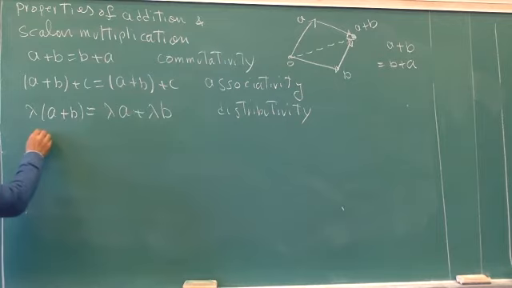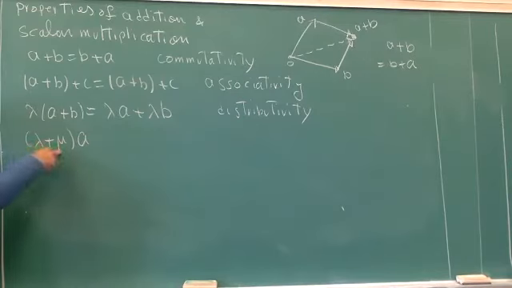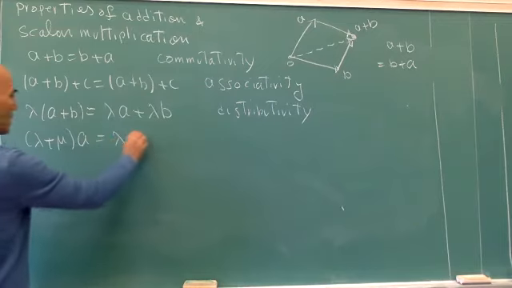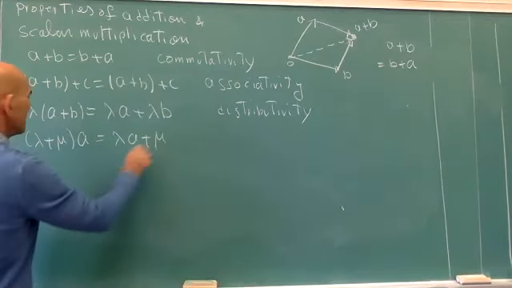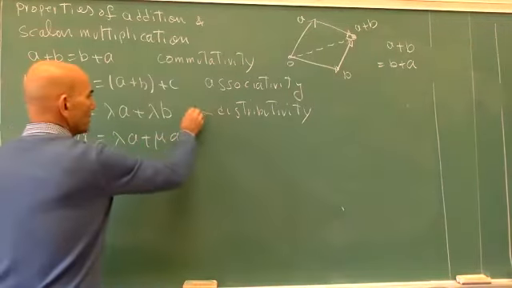And also (lambda plus mu) times A. Now these are two scalars, lambda and mu, added to get another scalar, times A. That's equal to lambda A plus mu A. Both are distributivity.